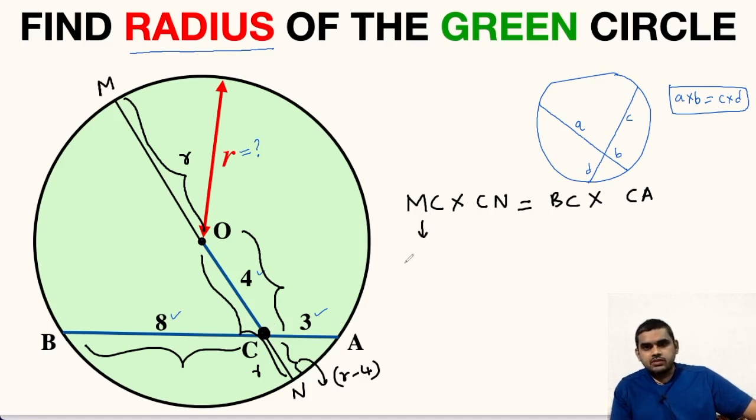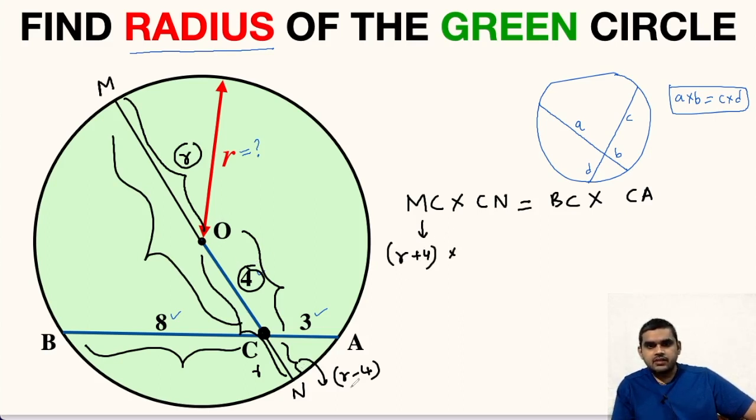So M to C, what is the distance? This is r plus 4. So let us write r plus 4 times CN, which we already found as r minus 4, is equal to BC, given as 8 units, and CA, given as 3 units.